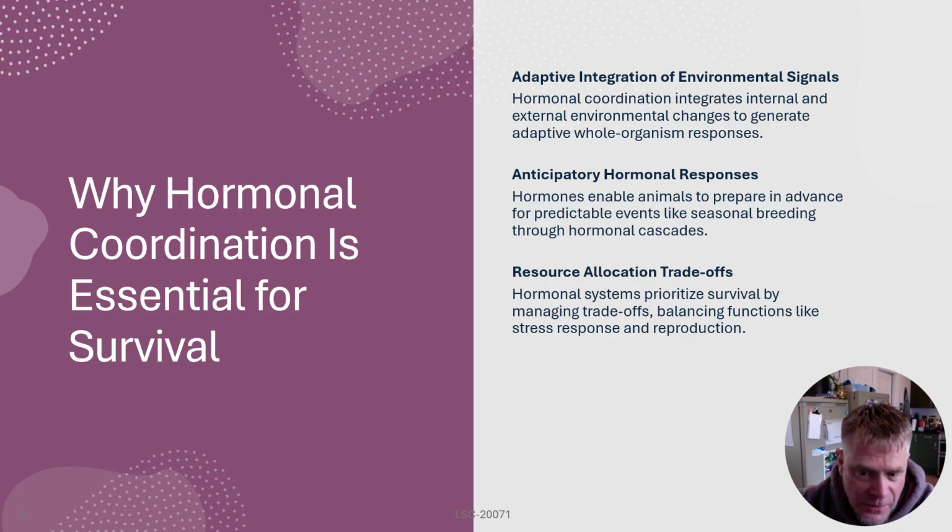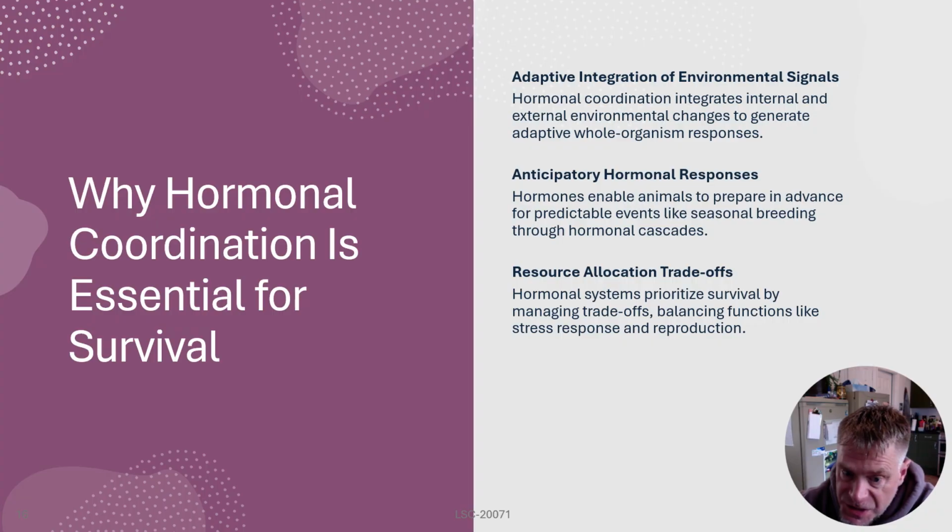So what that means is if there's something changing in the environment externally, the body can, with the sensory system, pick up various signals relating to that, and that can be linked to changes in hormone production, which will allow the animal to be correctly adapted to whatever's happening out there in the environment. Not only that, so that's more reactive, but there are also anticipatory hormonal responses. So these allow the animals to prepare in advance for predictable events.